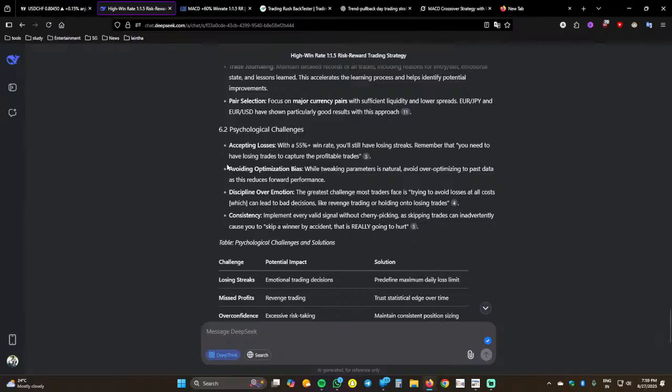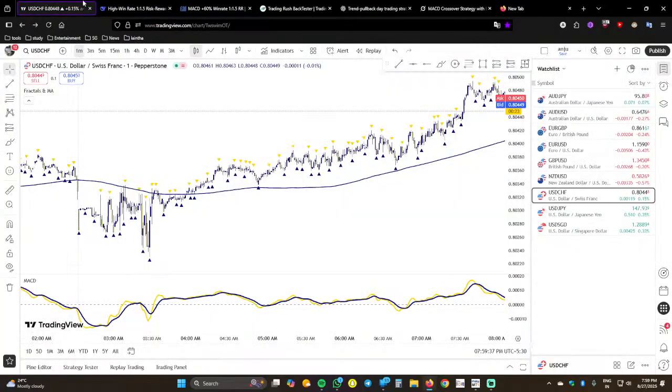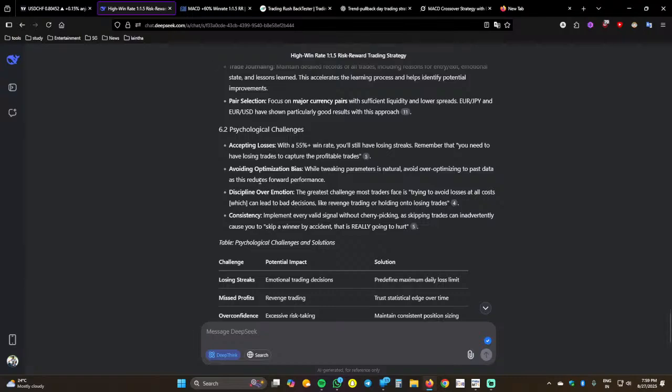So we might lose 50 in a row. It doesn't matter. We will continue on and move on to the next trade. Anyway, we'll be risking only 1% on a 500 US dollar account, so we'll be risking $5 or maybe $4 per trade.